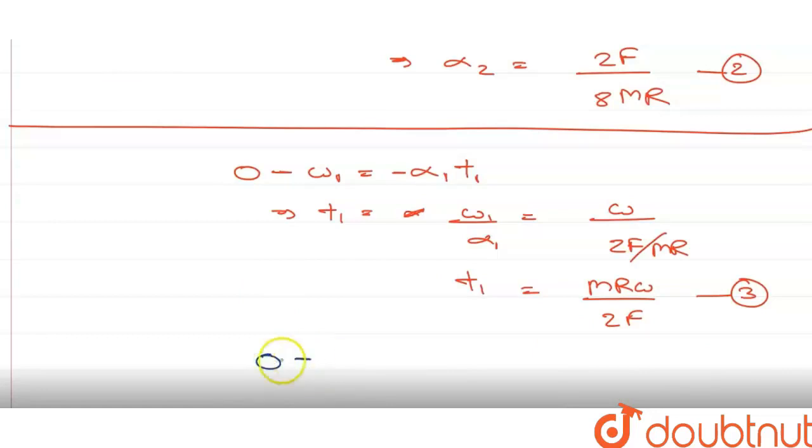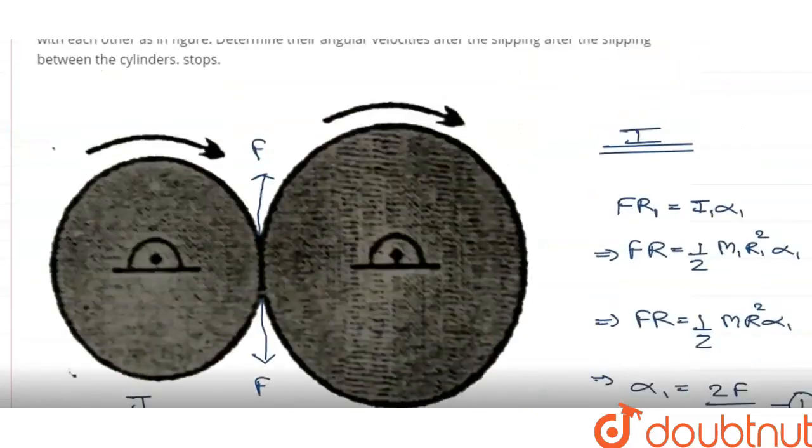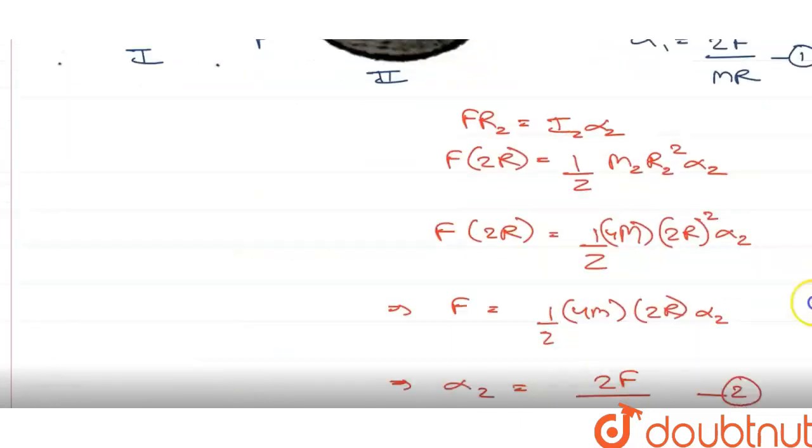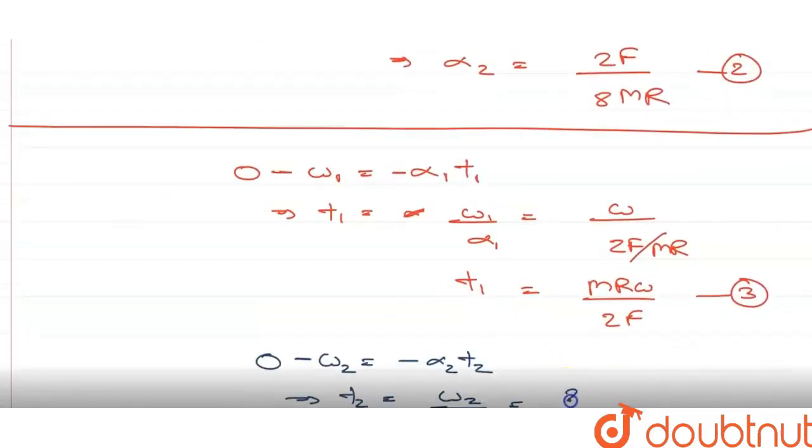Similarly, for cylinder number 2, 0, which is the final angular velocity, minus omega 2 is equal to minus alpha 2 t2, which means t2 is equal to omega 2 by alpha 2, where omega 2 is 200 radian per second. So in terms of omega, it will be 2 omega, since I am assuming 100 radian per second to be omega.